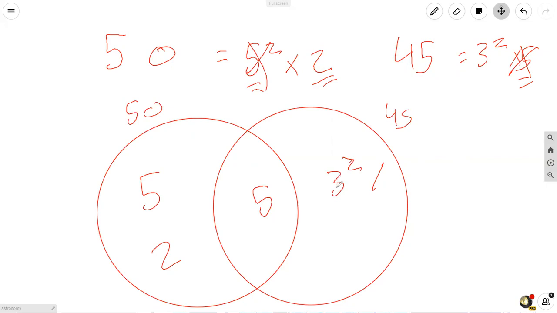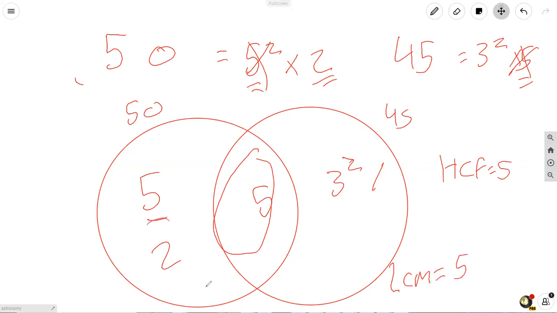Now, what they both have in common, the highest common factor, is the number 5. Now, the lowest common multiple is the number 5 times by the number 2 times by the number 5 times by 3 squared.